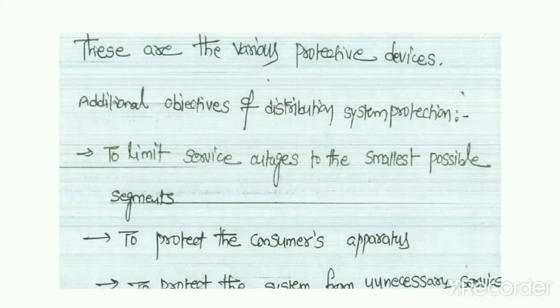This is one type of protective device. These are the various types of protective devices used in distribution systems. The additional objectives of distribution system protection are to limit the service outages to the smallest possible segments and to protect the consumers' operators.